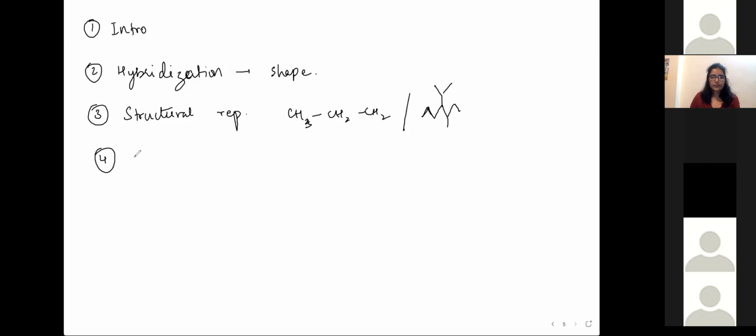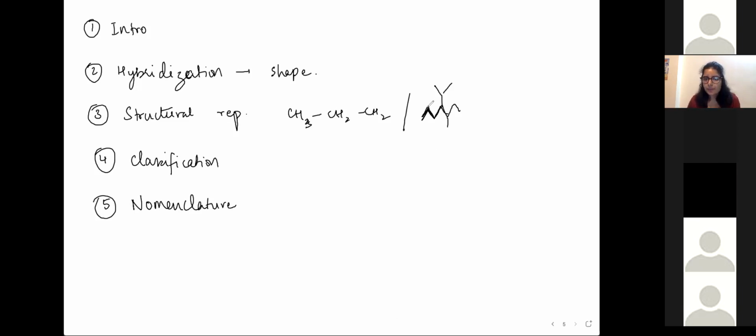Next, we look at classification of organic compounds. In the bond line structure, each line is like each carbon, right? Of course hydrogen is there, but each line is one carbon, right? No, line is not carbon.